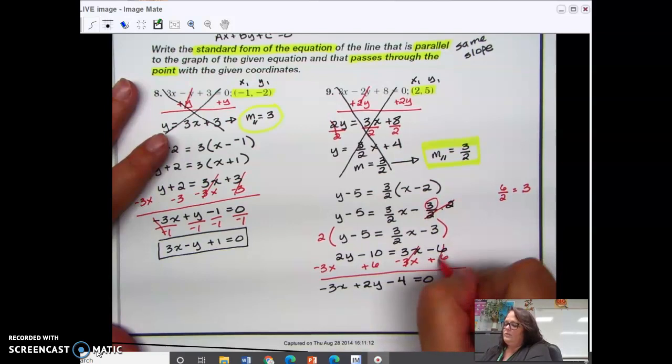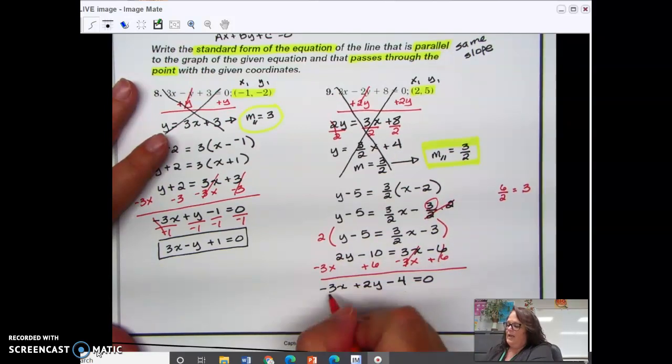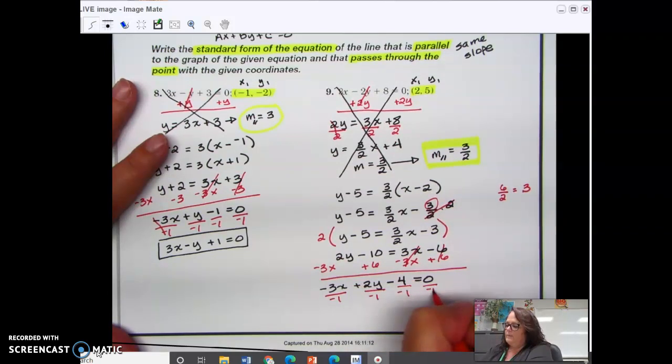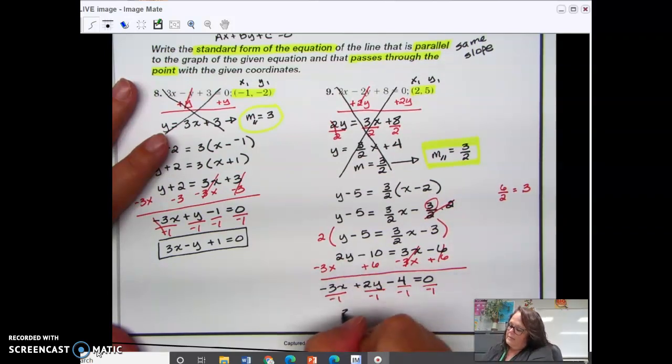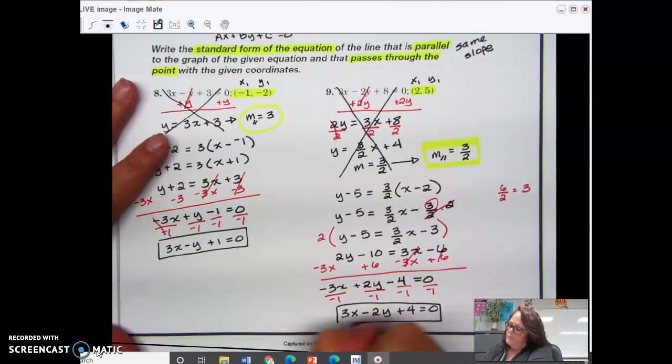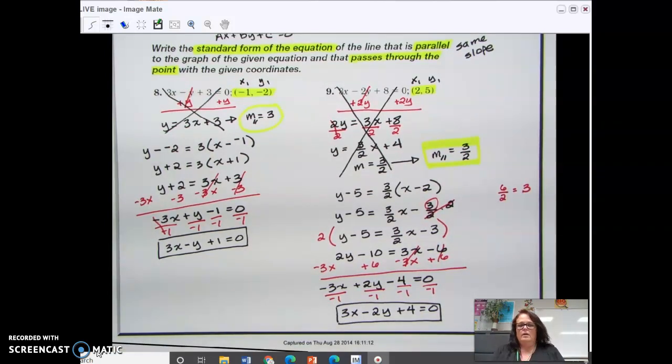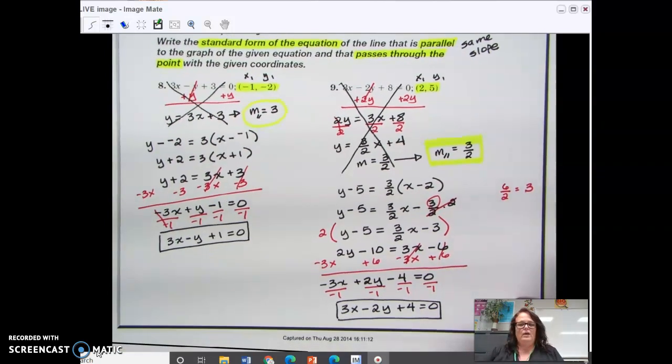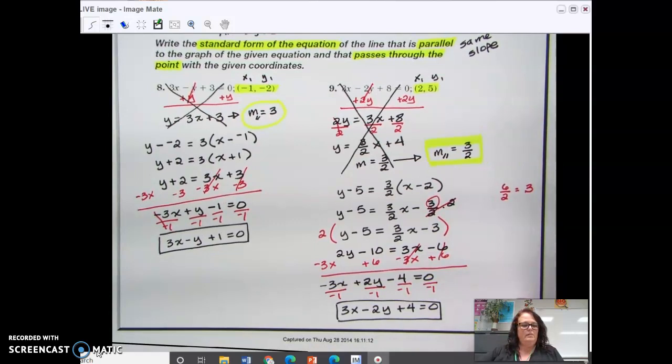And again, that still gives me trouble because of that negative on the x. So I'm going to divide through by negative 1. And so I get 3x minus 2y plus 4 is equal to 0. All right, so if you're having any issues, go ahead and pause, but I'm going to move forward.